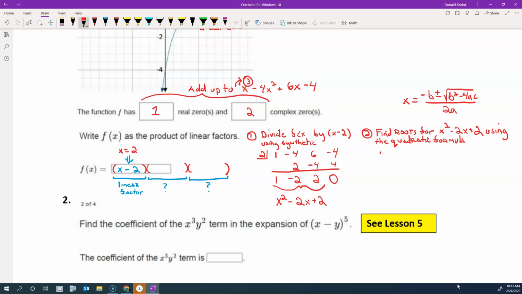So x equals the opposite of b, which would be positive 2, plus or minus the square root of b squared minus 4 times 1 times 2, all divided by 2 times 1.